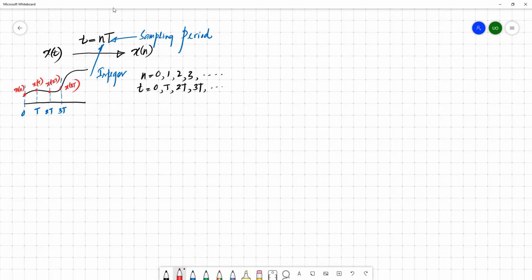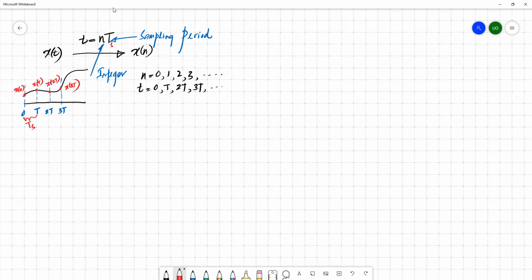From this continuous signal x(t), we capture a certain set of samples using a sampling period. The sampling period is the duration between consecutive samples. If you want, we can add a subscript, Ts.